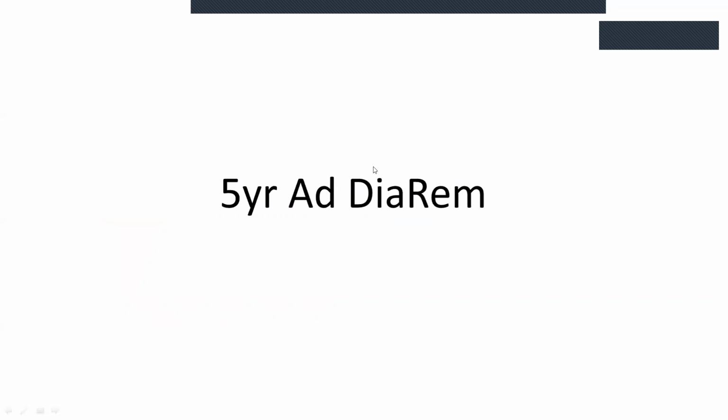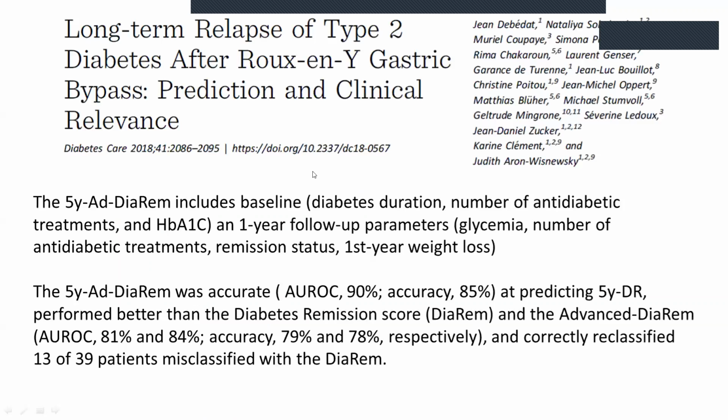There is something called the 5-year AD-DIREM score also. In this case, it includes 1-year follow-up data or parameters to predict the 5-year outcome later. So glycemia, number of anti-diabetic treatments, remission status, and first-year weight loss are also included in the final predictive model.